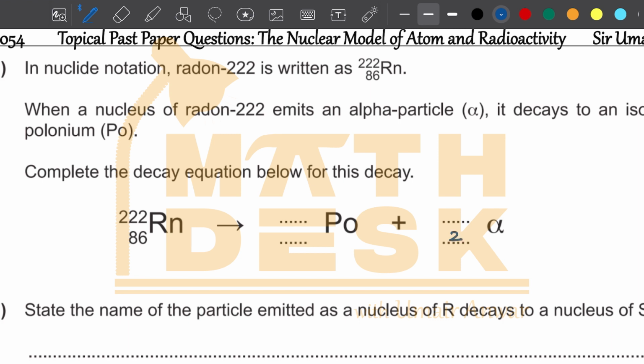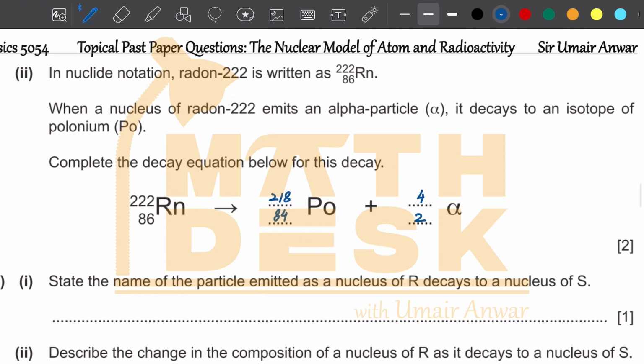The proton number of an alpha particle is 2 and the mass number is 4. The polonium's proton number could be found by subtracting 2 from 86. So it would be 84 here, and 4 would be subtracted from 222. So the mass number for polonium would be 218.